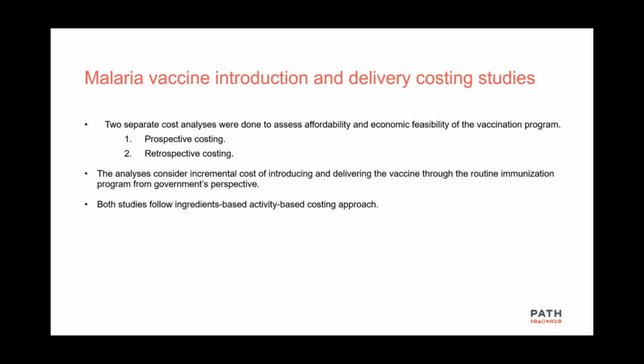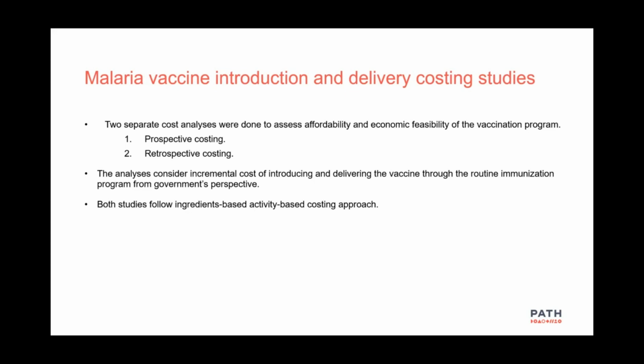But once the support or the MVIP program ends, how much would it cost the countries to continue to vaccinate children within the MVIP areas or the pilot implementation areas? So that was the main question that we were trying to answer with the first study.